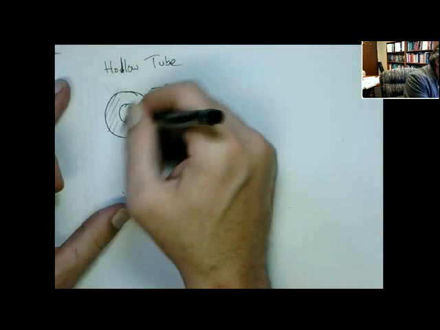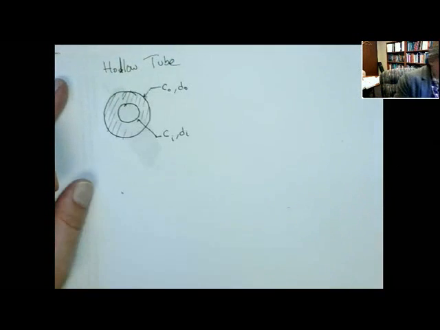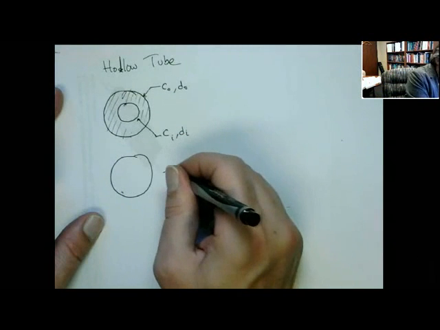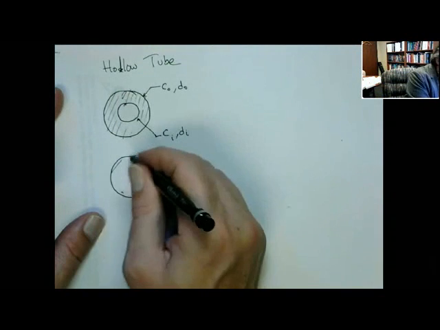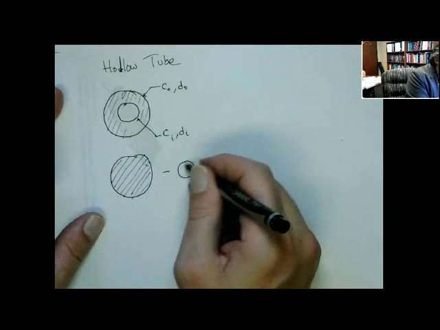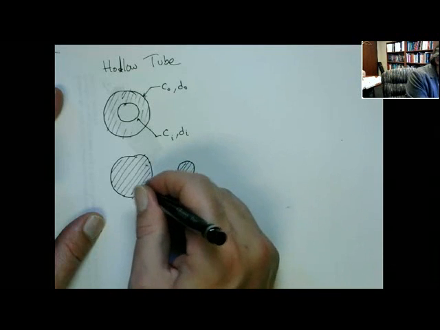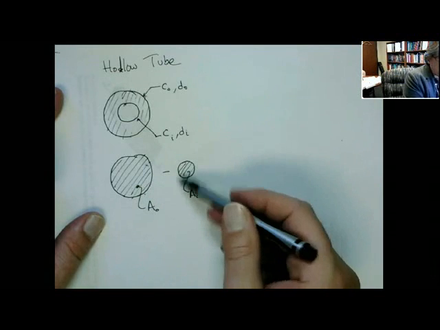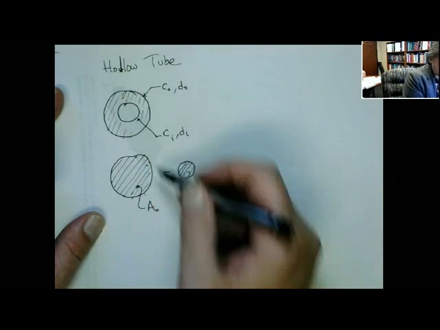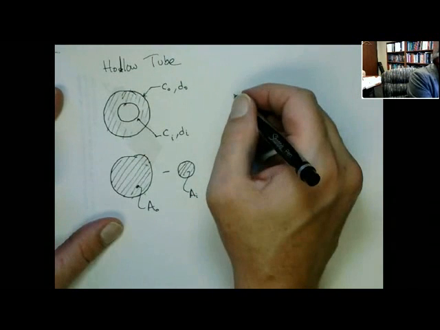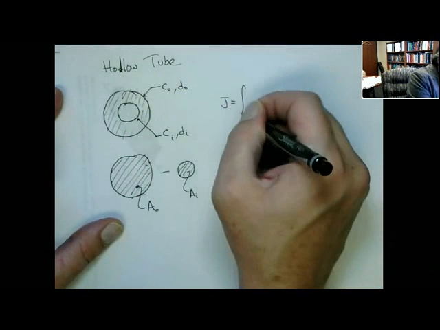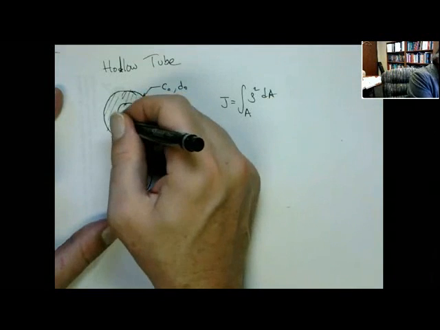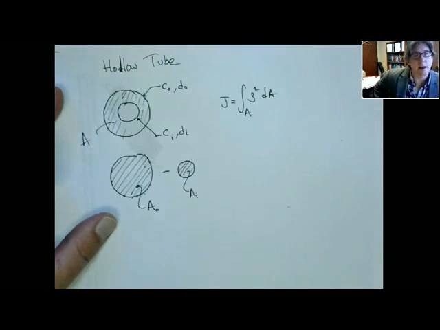This is the area that we want to do. If I break that up into two areas, outer area minus the inner area, this is the outer area, and this is the inner area, so that's the area formed by the inner tube that's bored out. This is formed by the outer area. So if we look at J, that's just the integral over the area of rho squared dA, where this is my differential area.